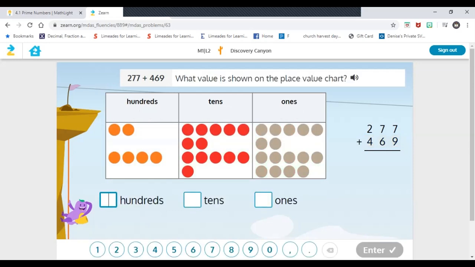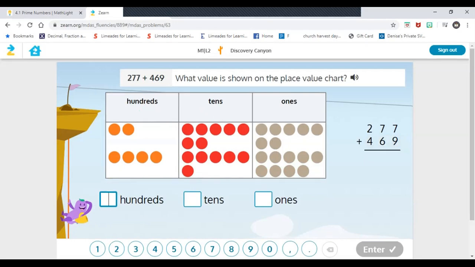Okay, so I'm gonna count my numbers together, and they want me to start with the hundreds. So I have 2, 4, 6 hundreds, 13 tens, and I have 16 ones.